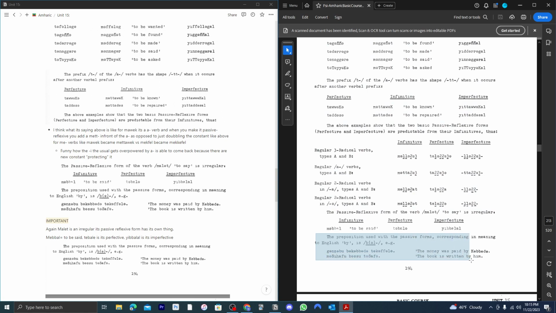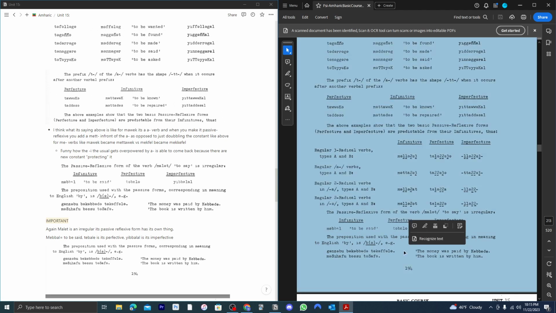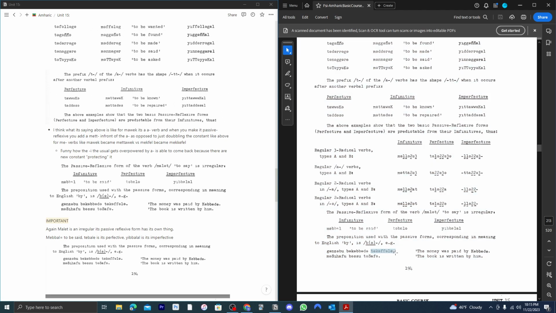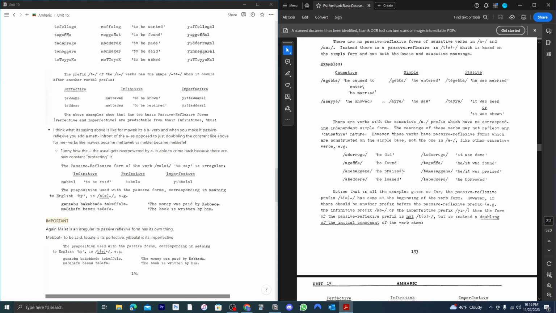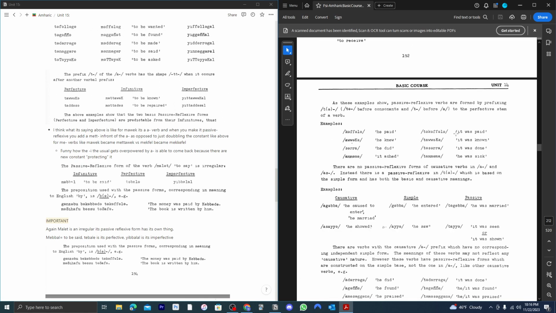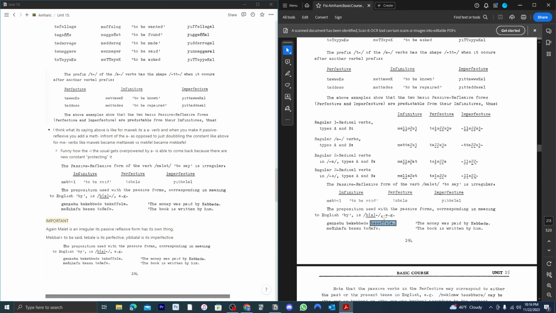The preposition used with the passive form corresponding in meaning to English by is be. So what this is trying to say is, if you are having a passive reflexive form of a verb, tekefele, right, which means it was paid, if there's a be attached to a noun, then you know who was doing or causing this passive reflexive state to happen.